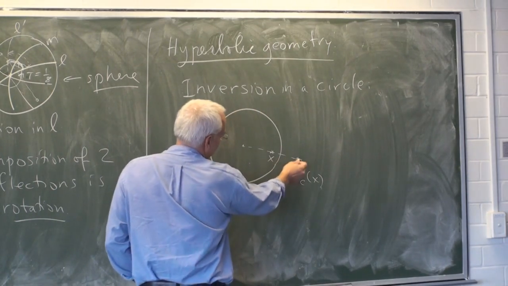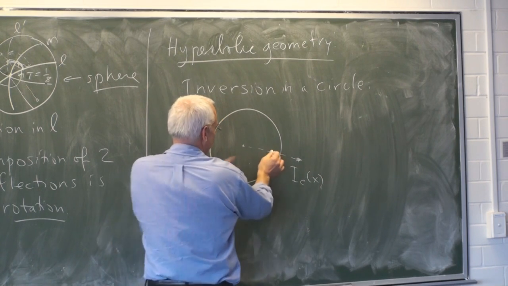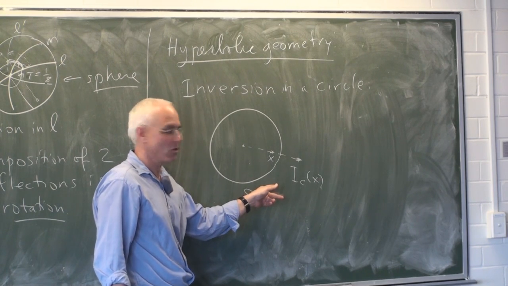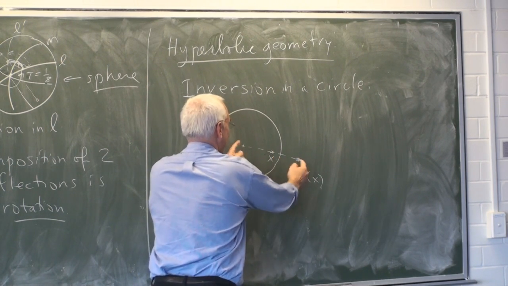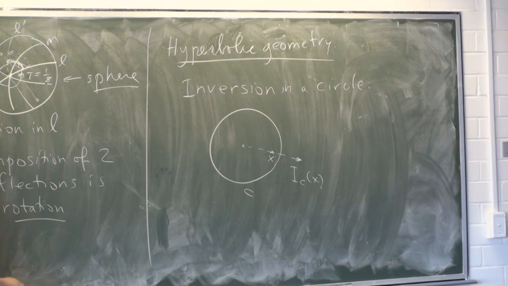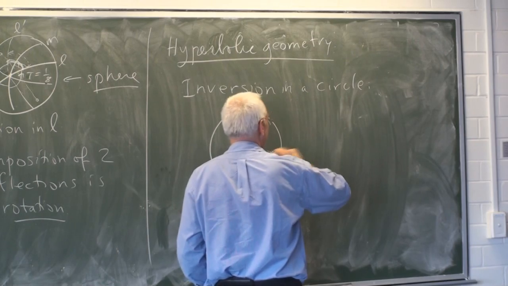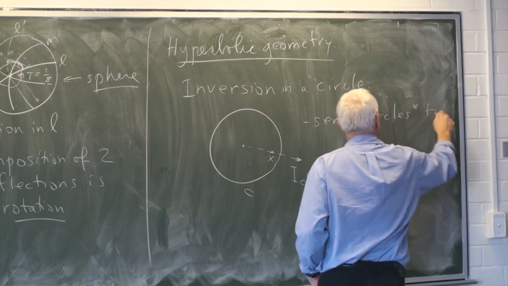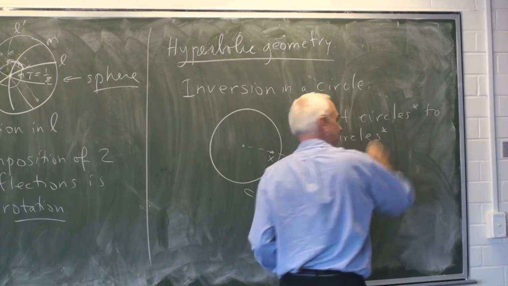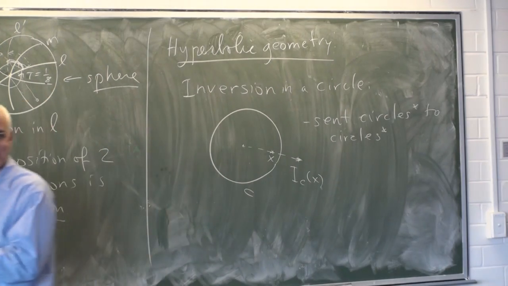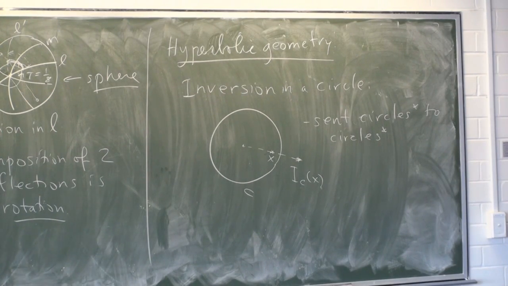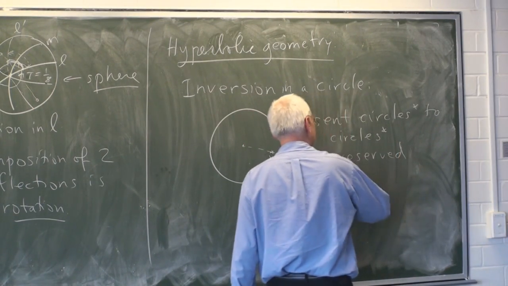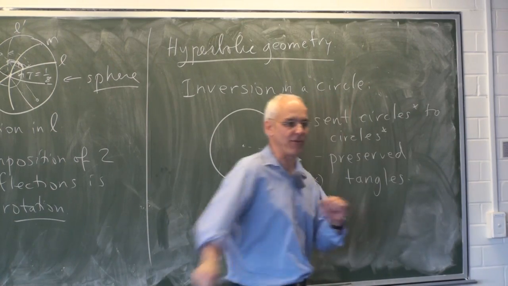It had the property that this distance times this distance is the radius squared. That was inversion. And I remind you that it had a couple of properties: it sent circle-star to circle-star, where circle-star means circles or lines, and that it preserved angles.